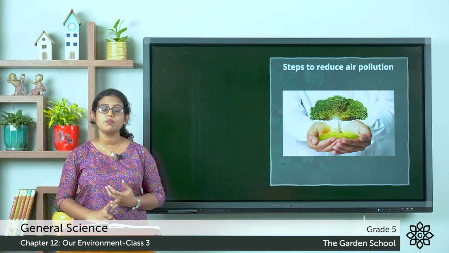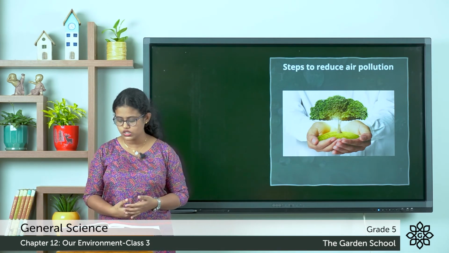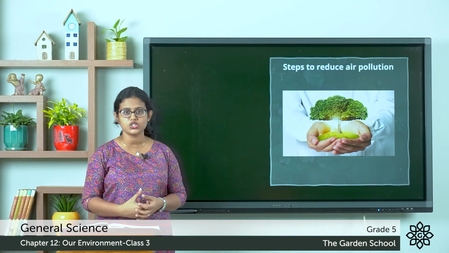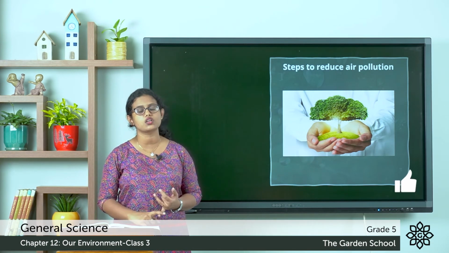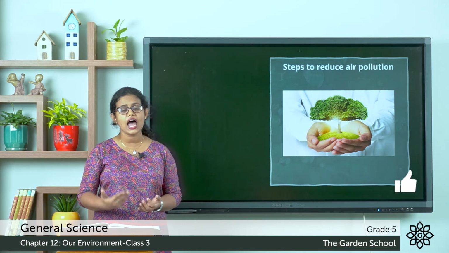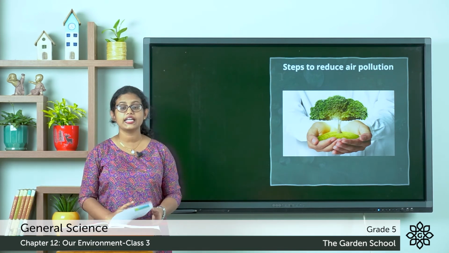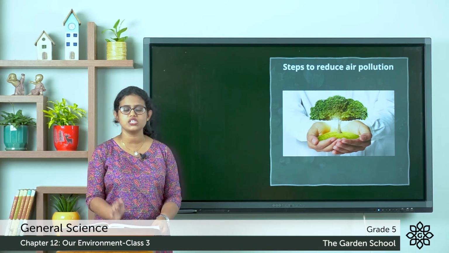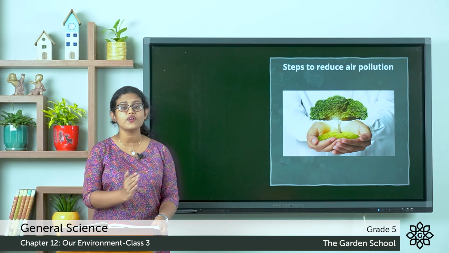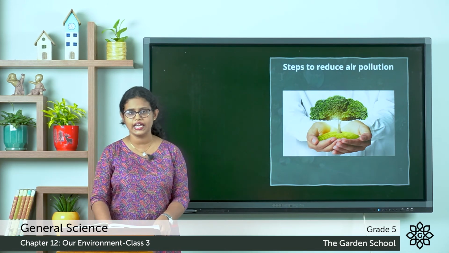Then the government should ensure that factories and motor vehicles use technologies to reduce carbon dioxide emission. That is another step to reduce air pollution. The next one is that the government should ensure that factories and industries are set up far from residential areas.